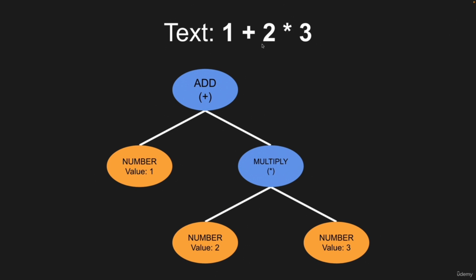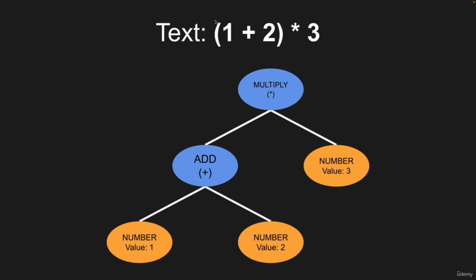A lot of these topics, like operator precedence or binary trees, I will be explaining in the next lecture, so please don't worry. Anyways, 2 times 3 will be equal to 6, right? And then we need to make sure that we multiply 2 times 3 before we add 1 to it. So that's why it's add 1 and then the multiply. But the multiply has to be done first before it can add 1, right? So you'll see more of how this makes sense.